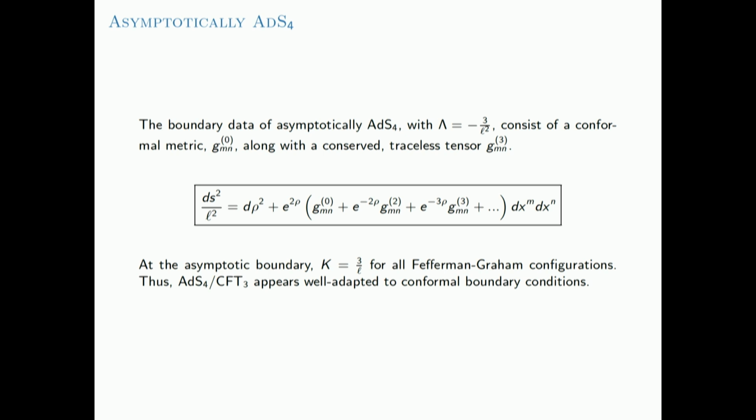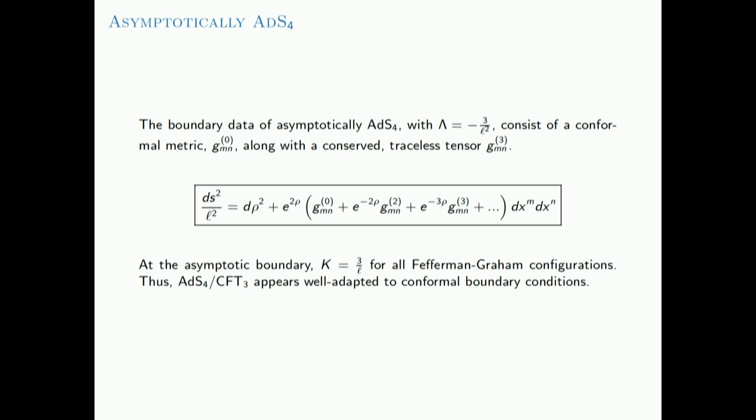One thing that we don't often emphasize, or we don't emphasize it in this language anyways, is that all such configurations, if I calculate the trace of the extrinsic curvature at the boundary, is actually equal to 3 over L and insensitive to the particular state-dependent data.